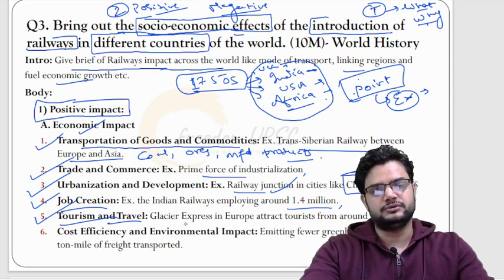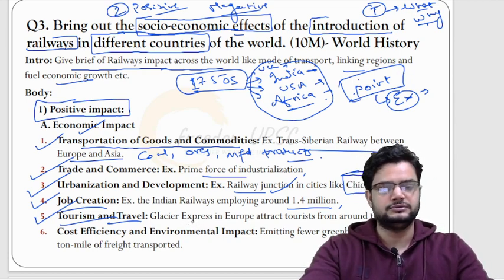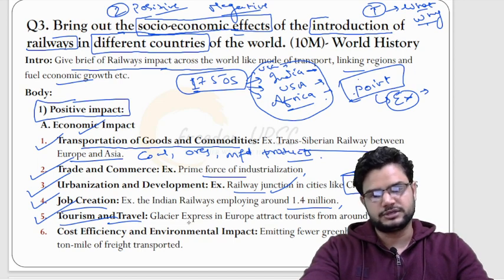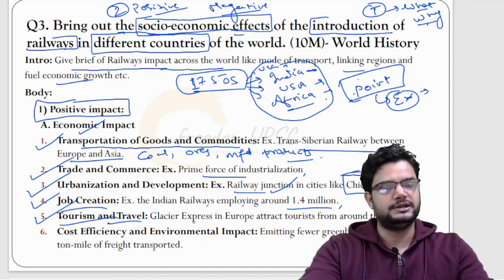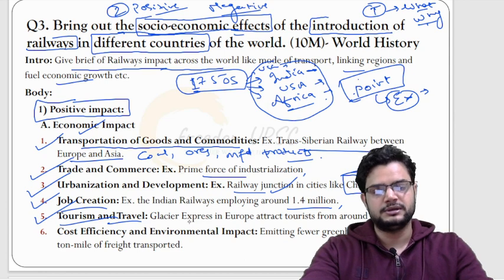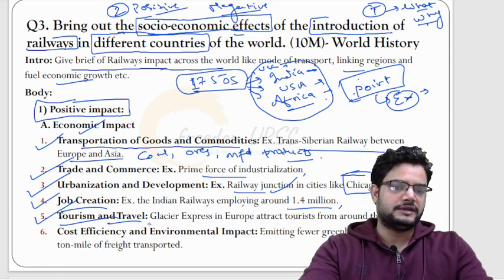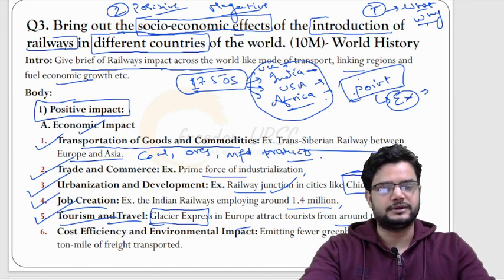So it also led to cultural development and reducing of bias across the world. We'll deal with that in social impact. So you can give an example of the Glacier Express, which is in Europe, that attracts tourists from across the world.